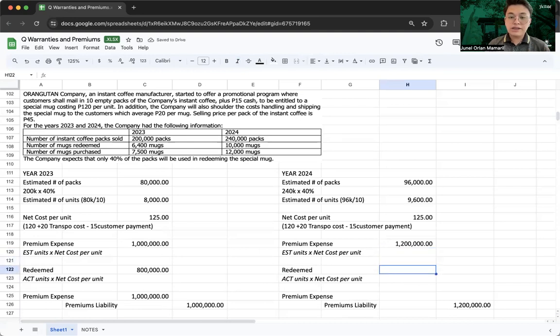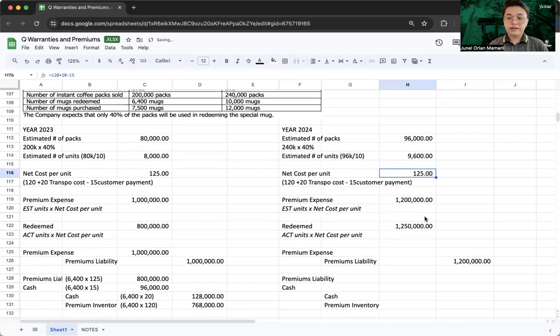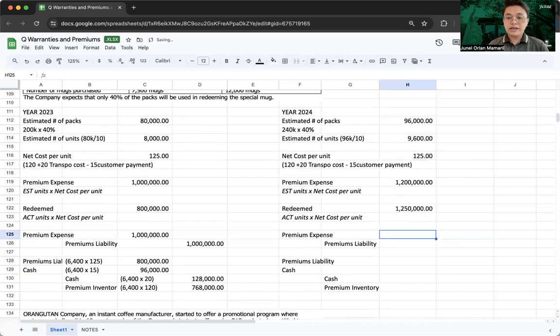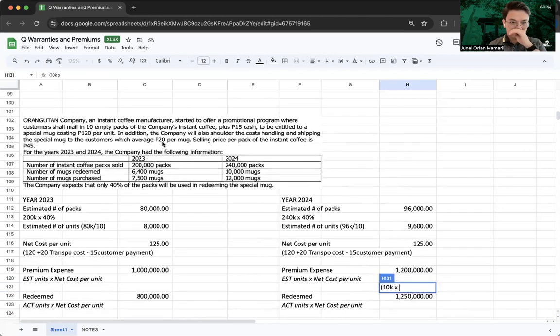For our actual units, we have redeemed 10,000 times 125. Yeah. So for our journal entry, our premiums expense is once again based on this computation. Our premiums liability, ano naman tayo? No? So ang claim natin ngayon ay 10,000 units. So, gumastos tayo ang cost ng ating giveaway. Sabi dito, the special mug is costing us 120.